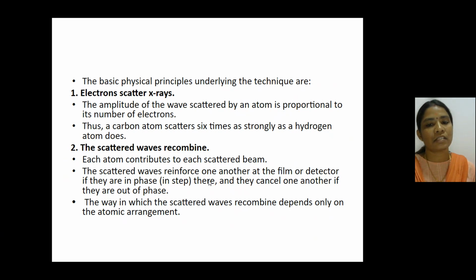The way in which the scattered waves recombine depends only on the atomic arrangement, so it is mainly based on the atom arrangement within the molecule, and how they scatter the waves.